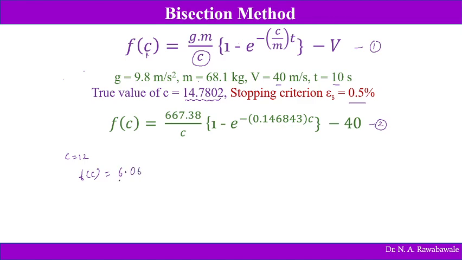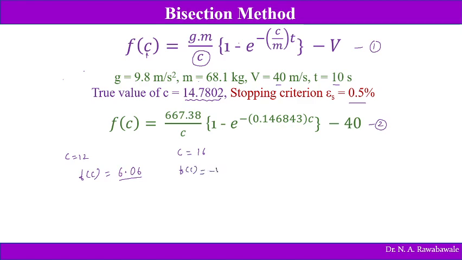We call this the lower limit, and we consider another value of c as 16. This is the upper limit, and f of 16, if we substitute, becomes negative.